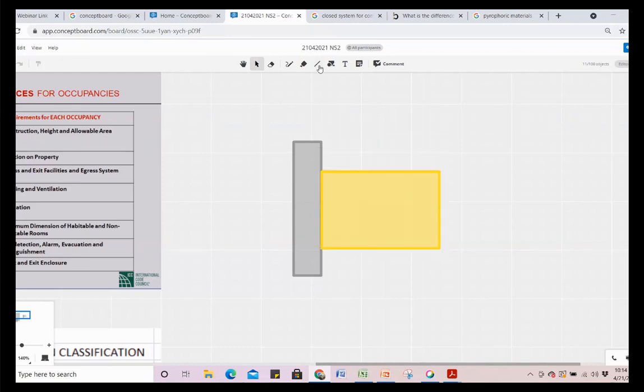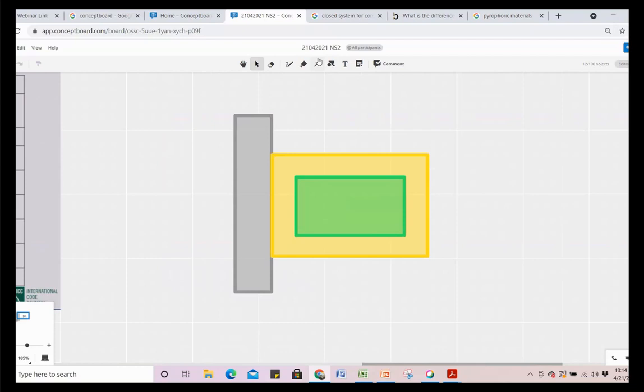So if there is a building inside, the distance between the plot boundary and the outside edge of the building will be considered as the fire separation distance.